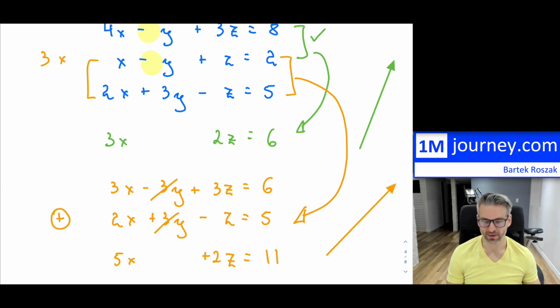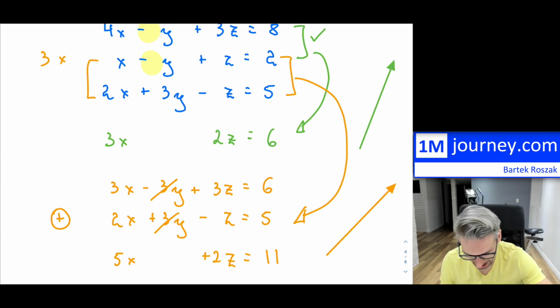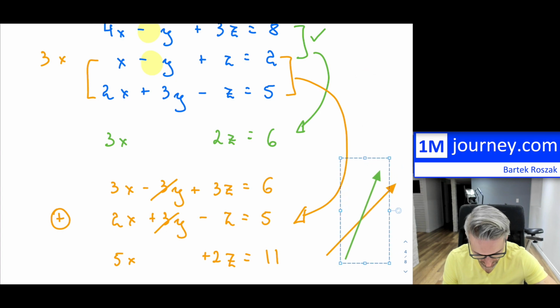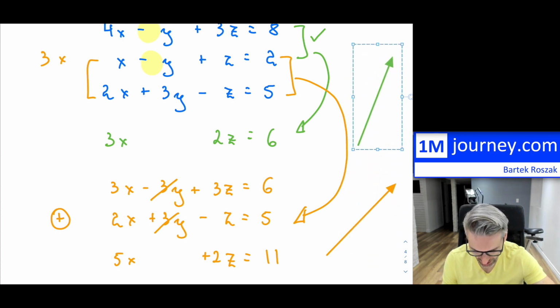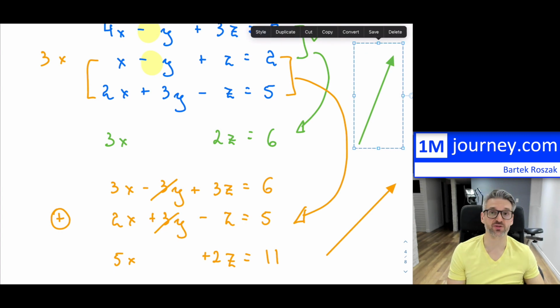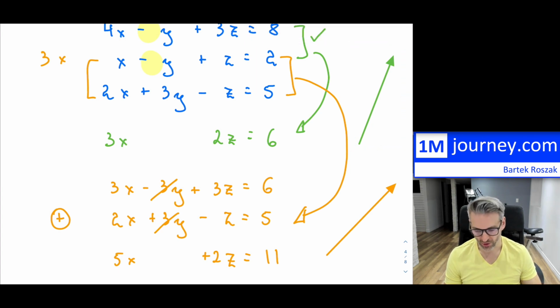So I want to make sure, do these lines actually intersect? And how are they going to intersect? Are they going to intersect at a point? Are they going to be parallel to each other, or not intersect at all? Or maybe they're skew lines. Now, because we're working with planes, they won't be skew. But we can just double check what happens.